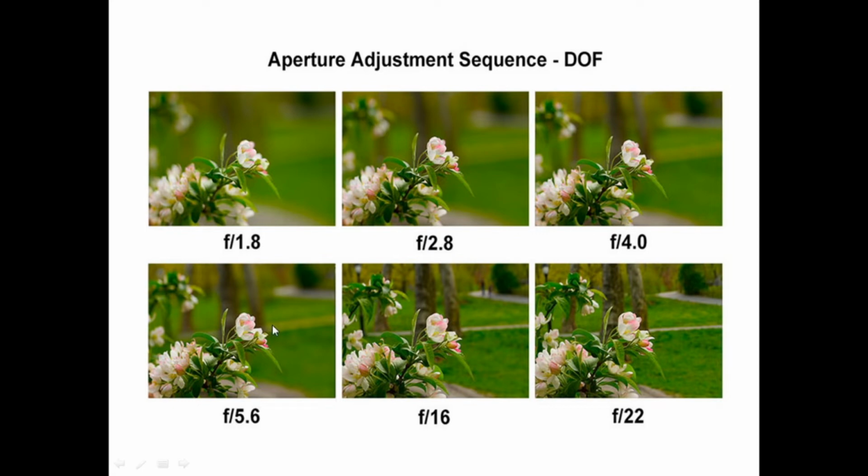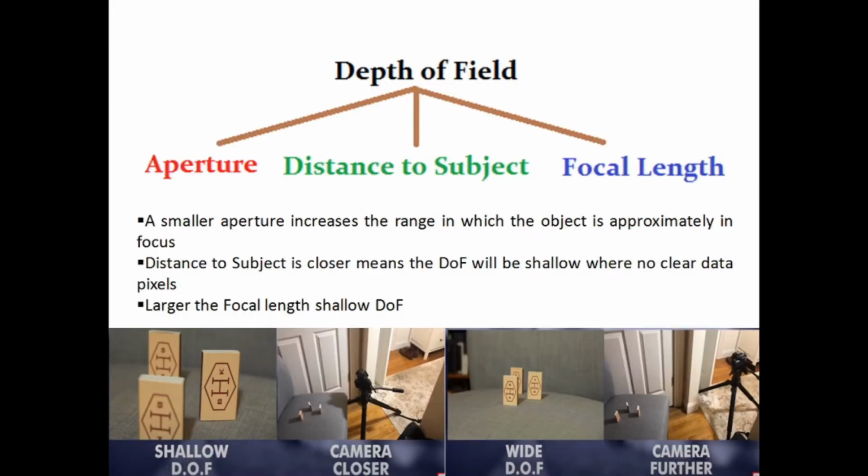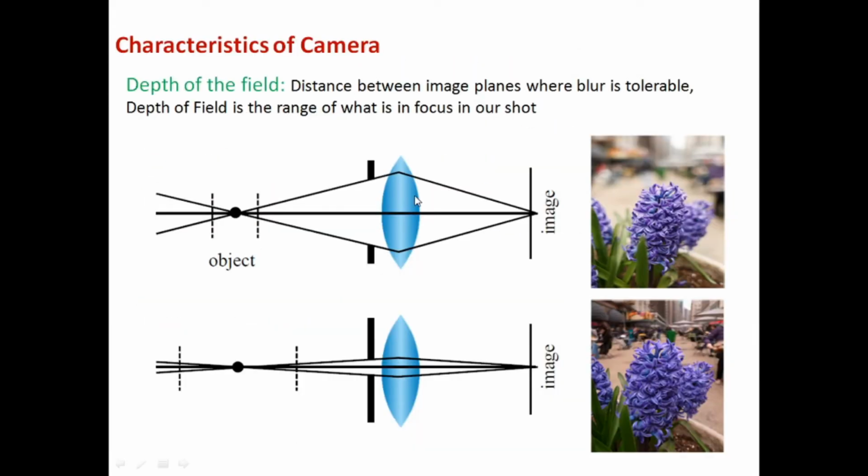That means if there is f1.8 and f22, for f22 the aperture size will be very small, and for f1.8 the aperture size is very wide or big. So this aperture has a direct impact on the depth of field.